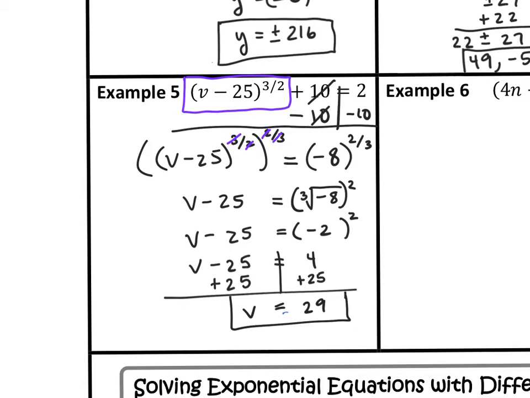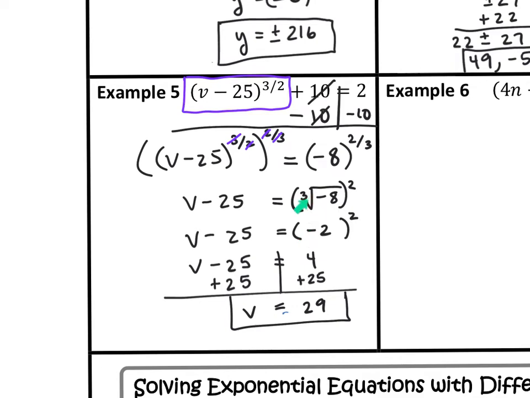And I know what you're thinking. You're asking yourself, how come in this step we don't get a positive and a negative 2? Well, remember again, for square rooting, that's when we get a positive and a negative answer.